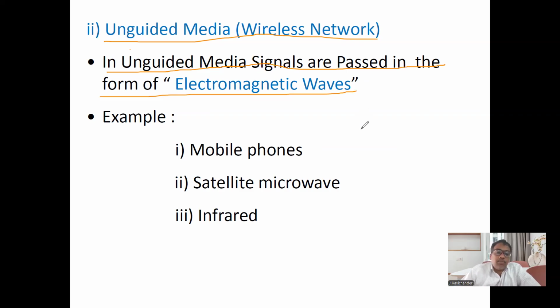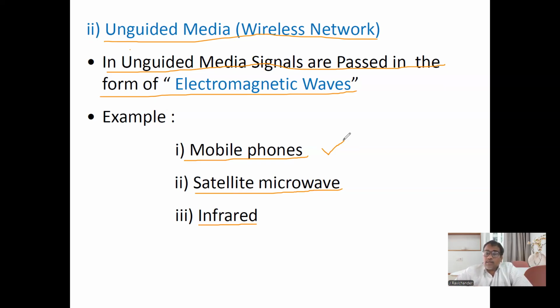The best examples for unguided media are mobile phones, satellite, microwave, infrared. Nowadays everyone is using mobile phones. In this technology we use unguided mediums. Why? Because the signals are transmitted wirelessly.